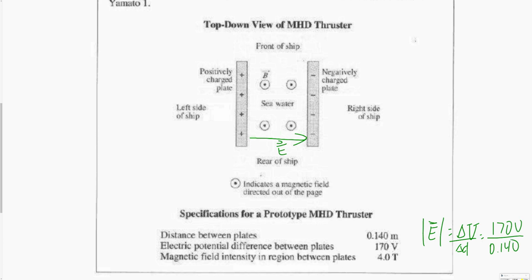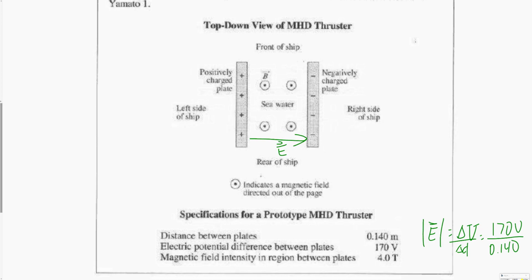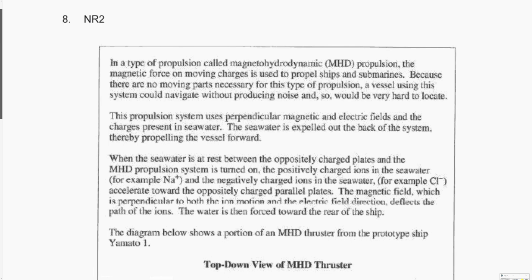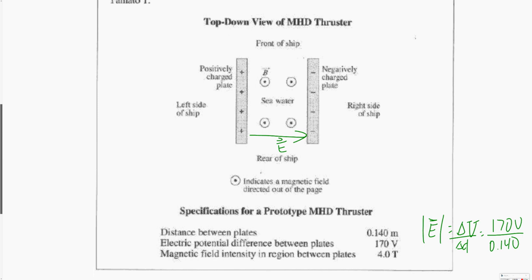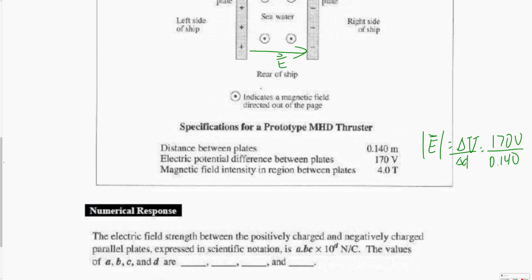And that gives me 1.21 times 10 to the 3 volts per meter or newtons per coulomb. So we're going to express that as 1213. Good.